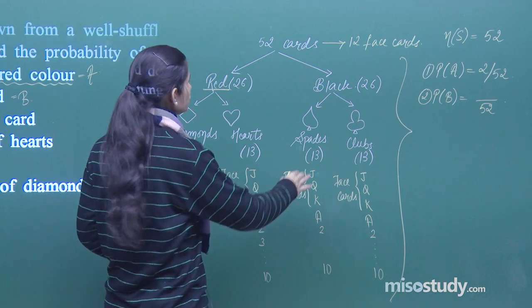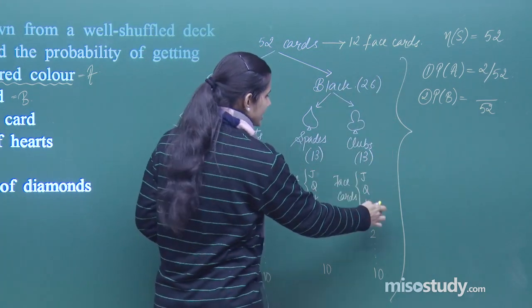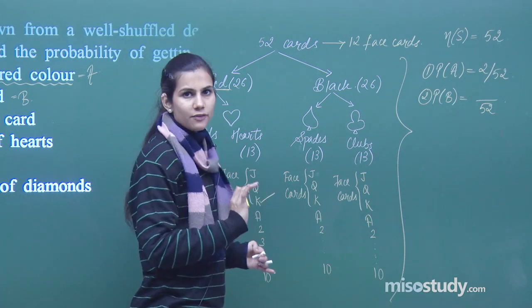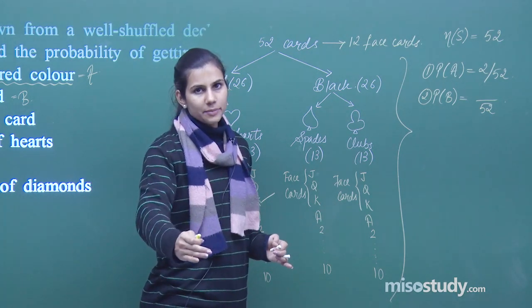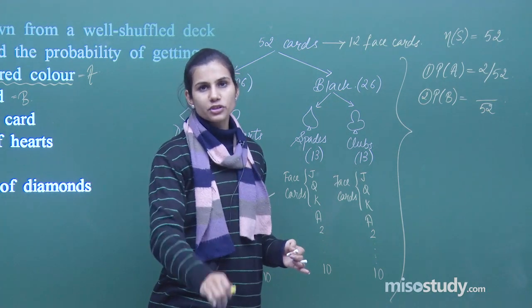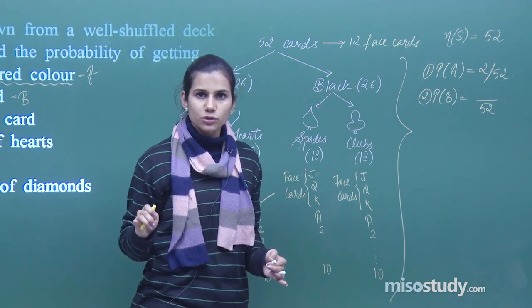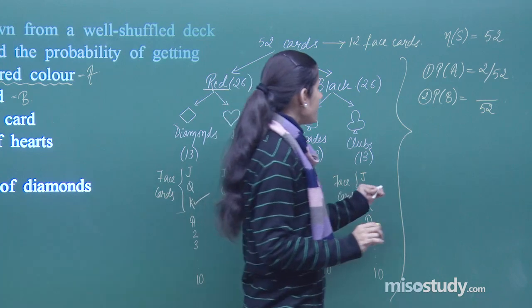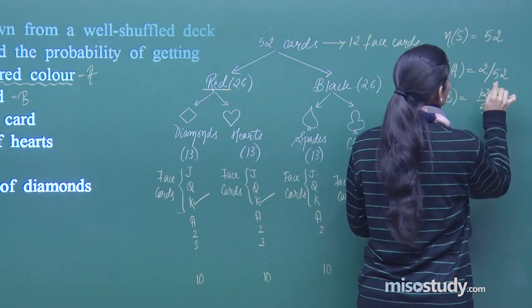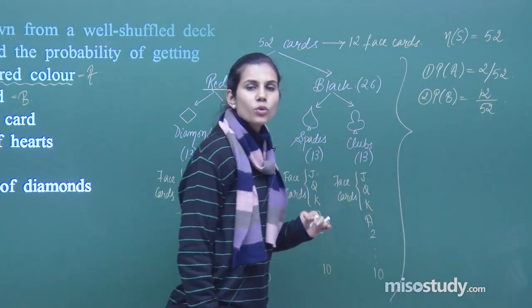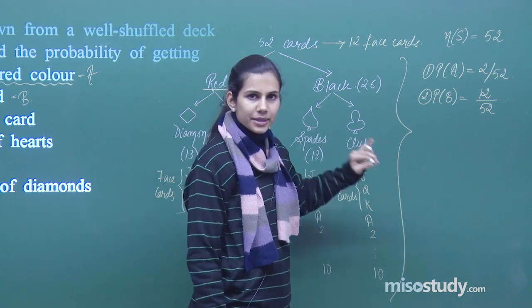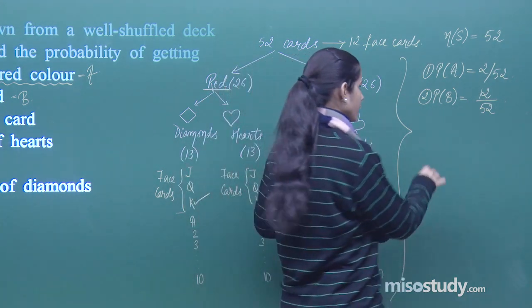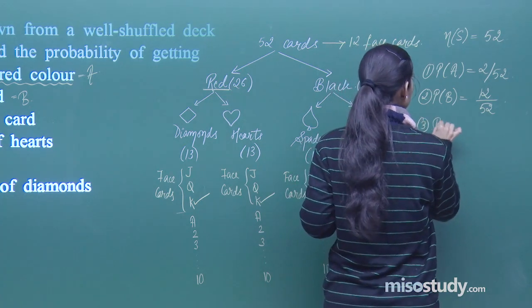I just told you that there are 12 face cards, these 3, these 3, these 3 and these 3. These 12 face cards, if they come up as outcome in any trial of this experiment of withdrawing one card from a well shuffled deck of 52 cards, are going to let my event B occur. Is it clear? Therefore, these are the 12 possible outcomes which are favoring the occurrence of event B, and therefore 12 upon 52 is the probability of occurrence of event B.